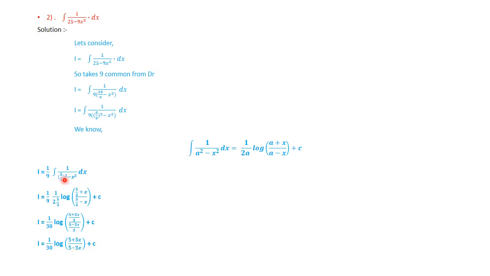So see students, these are very easy examples. You can easily solve them. You only have to reduce the integral to the standard form, then use the appropriate formula, substitute the values properly, carry out the simple multiplication or division, and you will have the required answer.